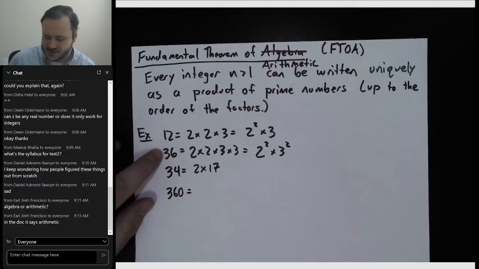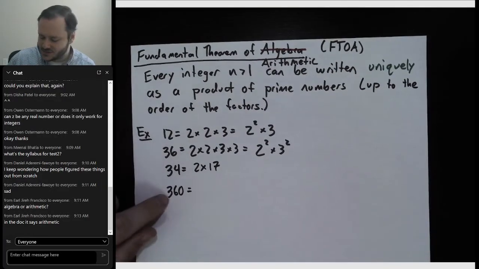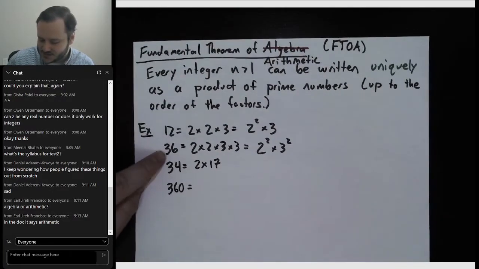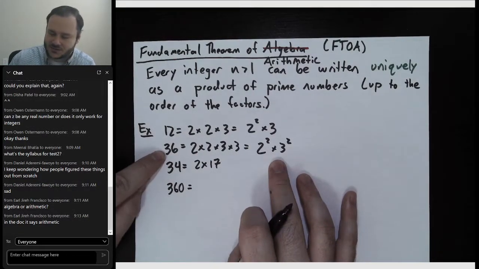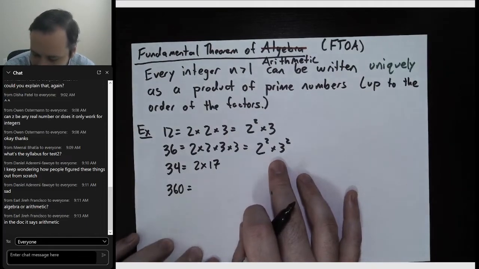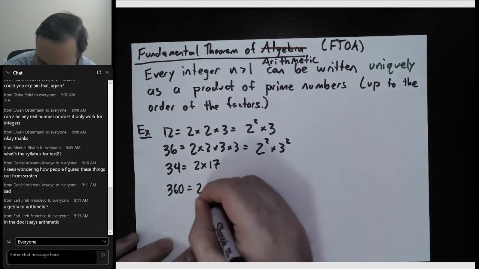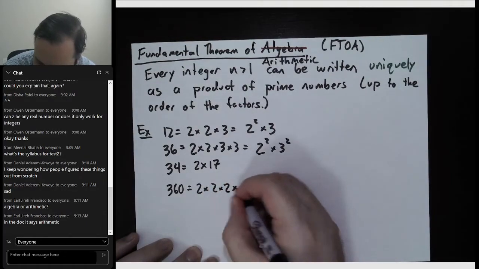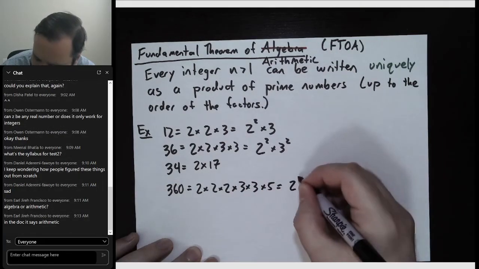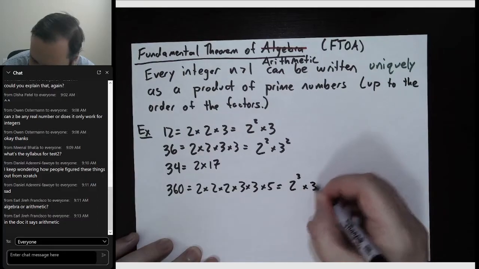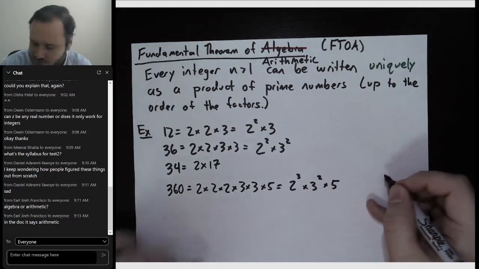Well, I've already done 36. 360 is 10 times 36, so it's all the factors I had for 36 and all the factors for 10. 10 is 2 times 5. So this is going to be 2 times 2 times 2 times 3 times 3 times 5, or 2 cubed times 3 squared times 5.